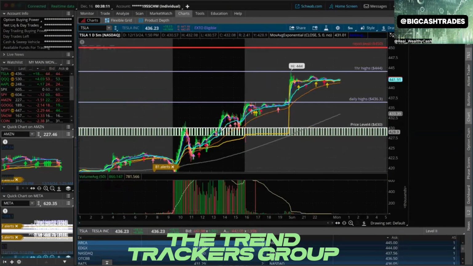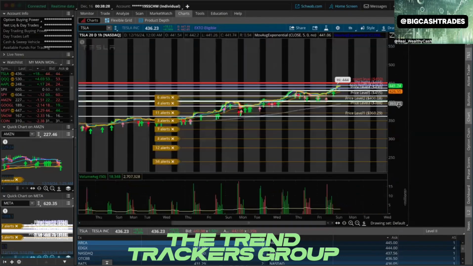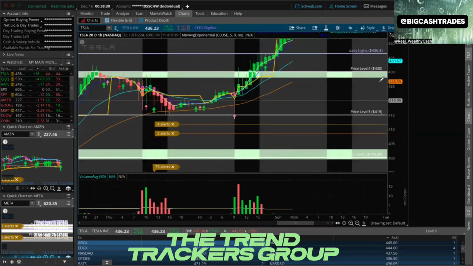So we're looking for it to either test the last swing highs right here, or are we looking for it to come and touch the last swing lows? Let me mark this. Hold on, it's on the 5.